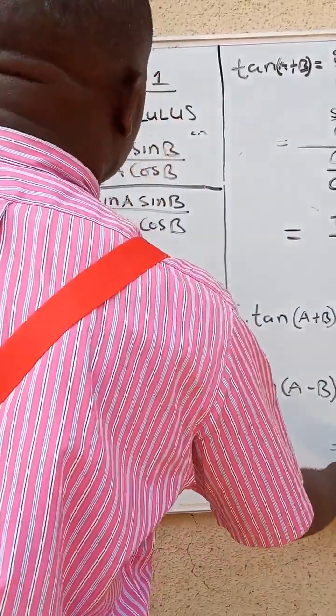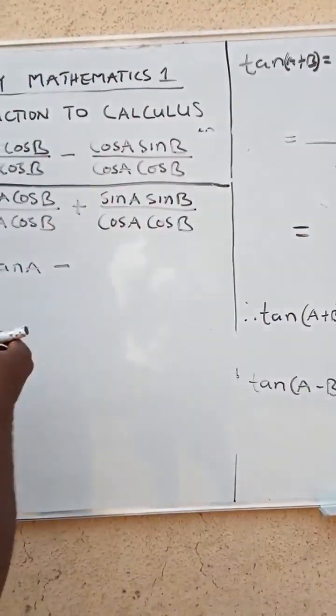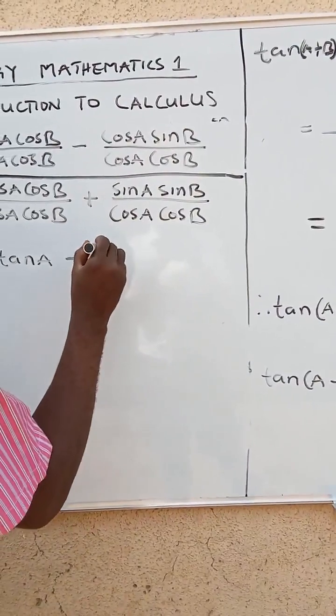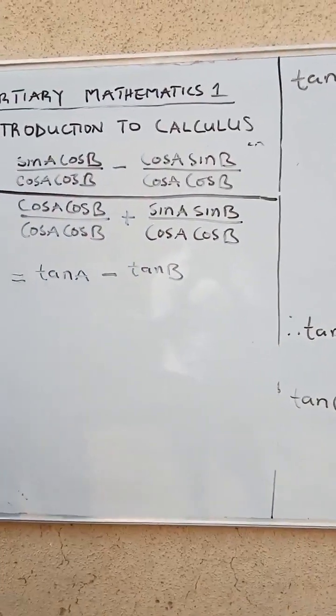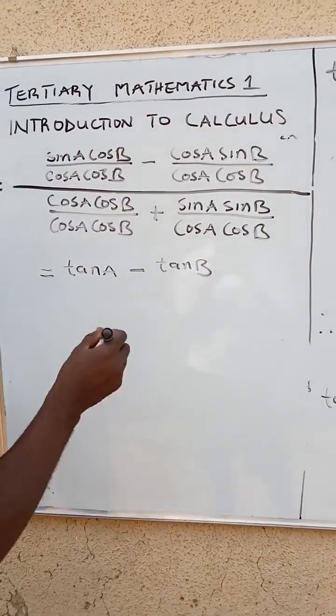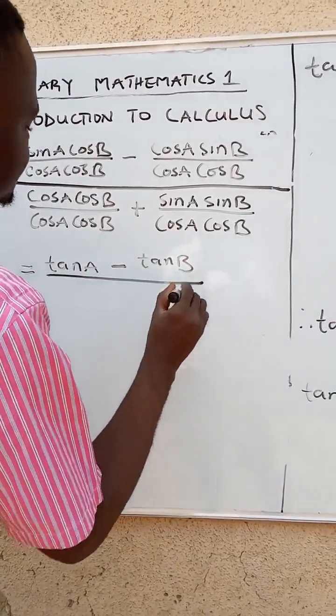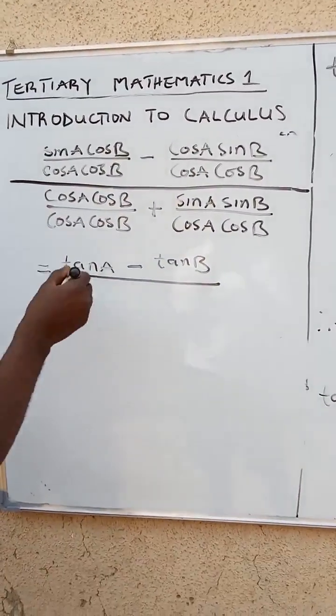Right? So this one cos A is 1. So I have sin B over cos B is tan B. Tan B. Then over, cos A cos B is 1.